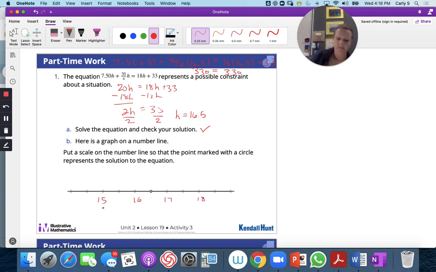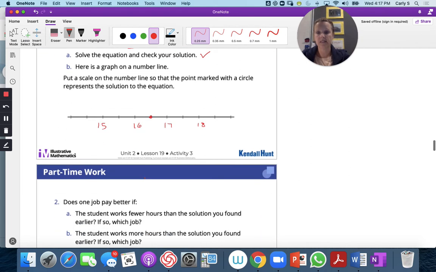That seems good. So this is an open dot at 16.5. That circle represents the solution, right there. We're going to be using this in a second.